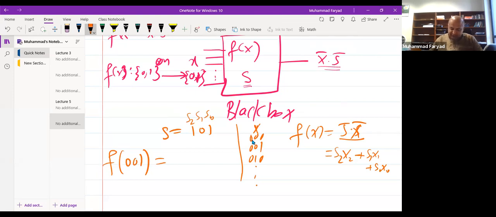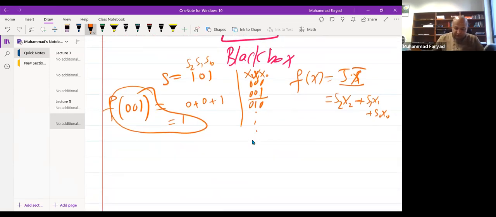And similarly, this x can be thought of as x0, x1, x2. So this multiplies them with each other. If x is 001, this product and sum would look like 1 into 1, 1, plus 0 into 0, 0, plus 0 into 1, 0, and this is equal to 1. So in this case, f of 001 is 1.